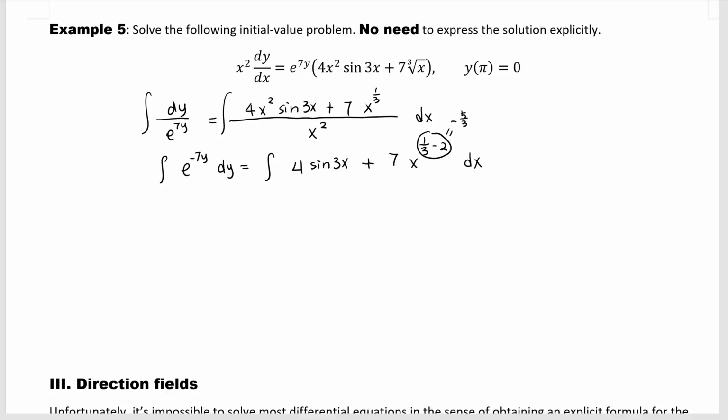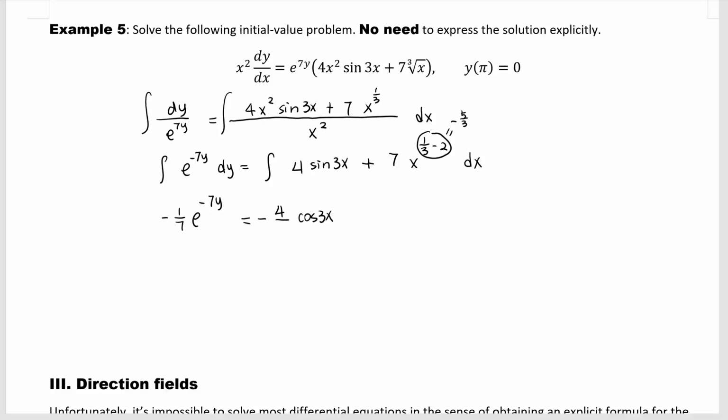Okay, so let's integrate. On the left-hand side, we have e to the -7y divided by -7. Here we have 4. Okay, what's the integral of sine? It's cosine, but plus cosine or minus cosine? Well, think about the derivative of cosine. It's negative sine. So the integral of sine is negative cosine.